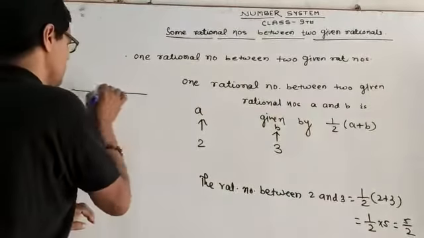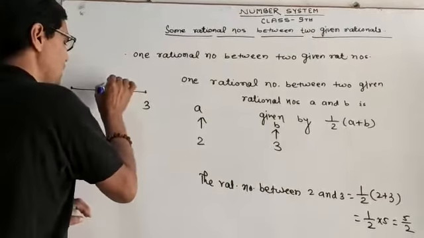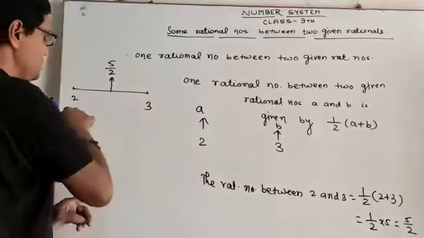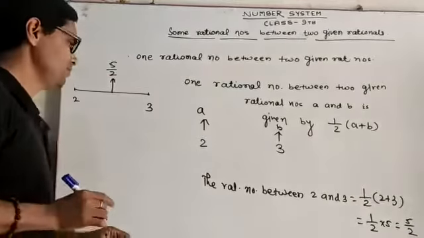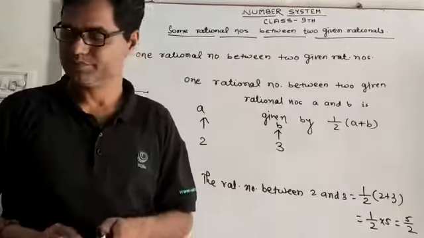This means if this is 2, this is 3, this will be 5 by 2, which is between the two rational numbers 2 and 3.